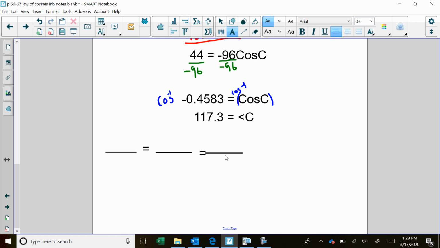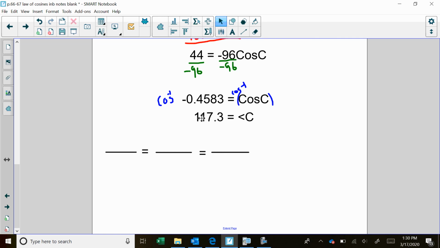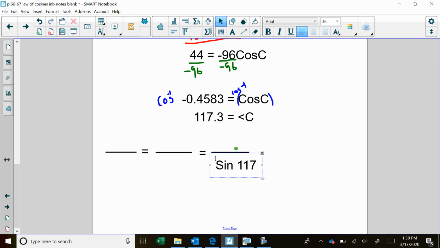You put your information on your proportion. So we just found 117.3 degrees, so sine 117.3 is going to go there. We had an A value of 6, a B value of 8, and a C value of 12.